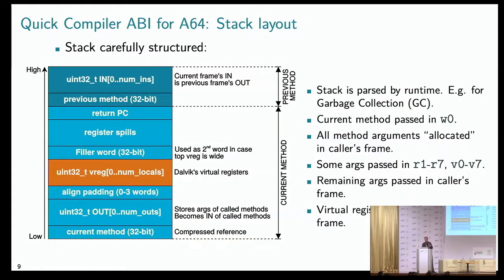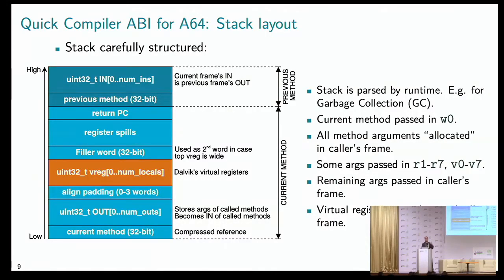Another important part of the ABI is how the stack is structured. Here you see the frames for 2 methods: the current method, in light blue, and the caller method, in dark blue. Now, I don't want you to understand everything about the stack in this hour. However, I'd like you to take one message with you.